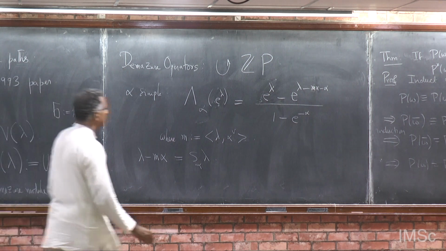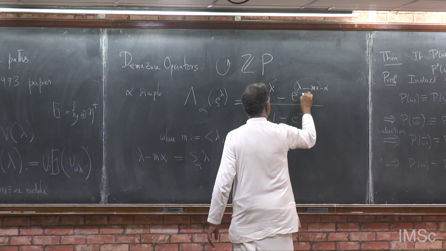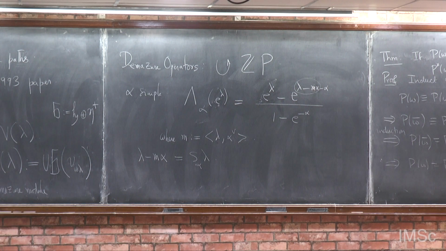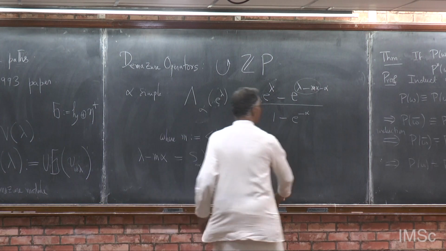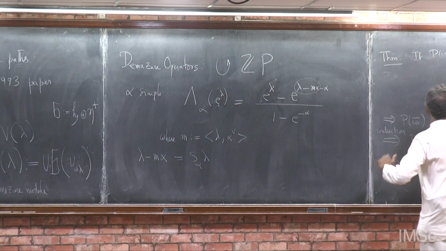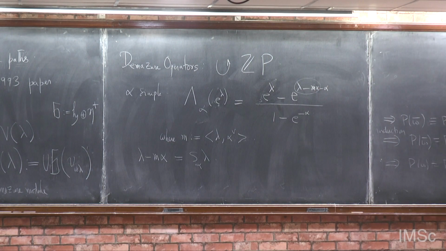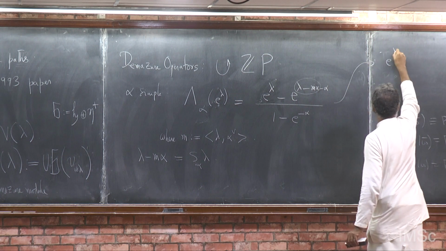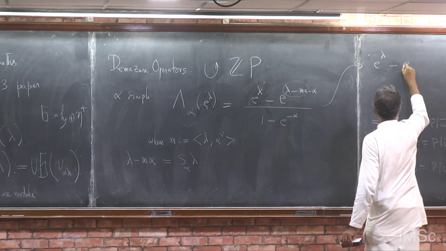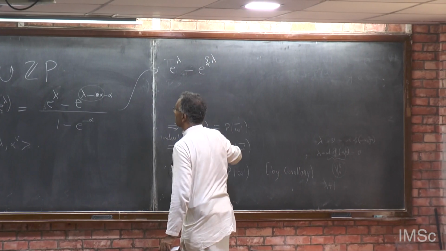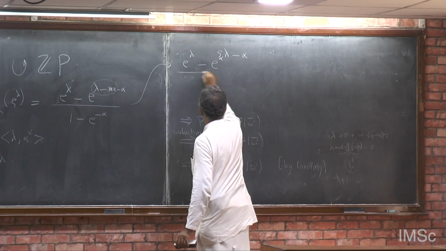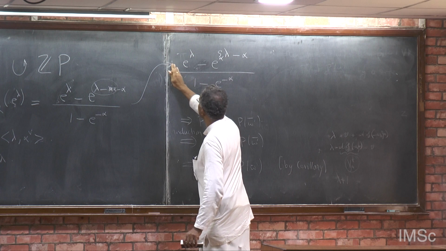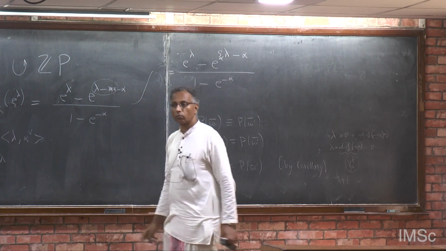So, I could rewrite this as S alpha lambda. Another way of rewriting this would be E lambda minus E of S alpha lambda, and then there is a 1 minus e to the minus alpha. This is equal to this.